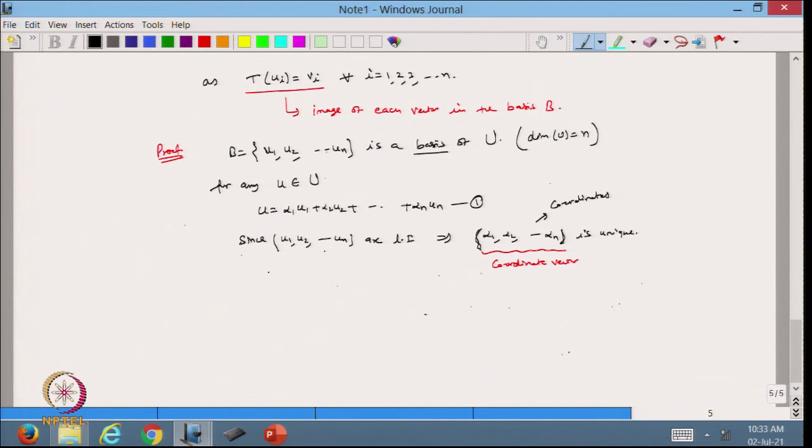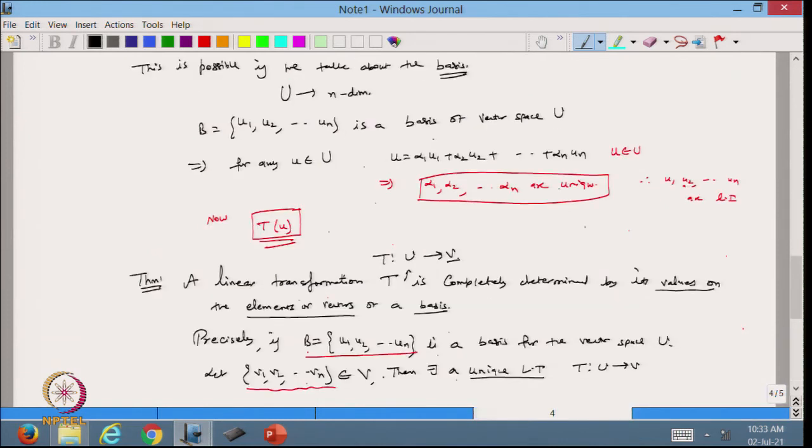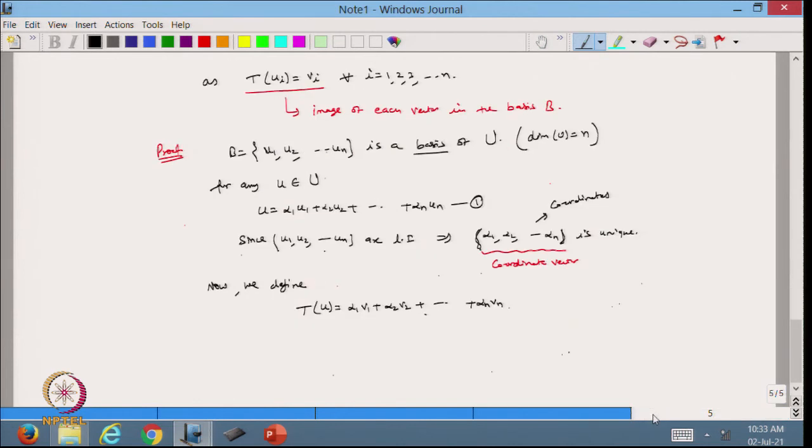Now from here I can write: we define T of u equal to alpha 1 v1 plus alpha 2 v2 plus up to alpha n vn, and you know that v1, v2, up to vn all come from the vector space V. So, now we define a transformation T of u that is equal to alpha 1 v1 plus alpha 2 v2 and so on.